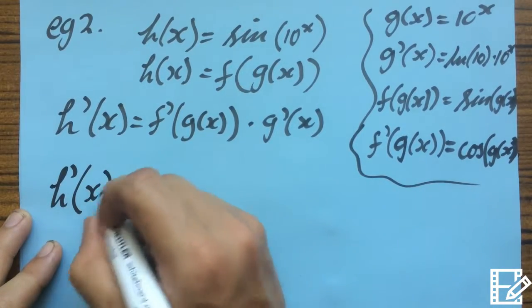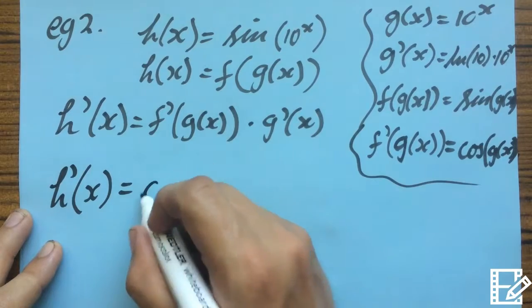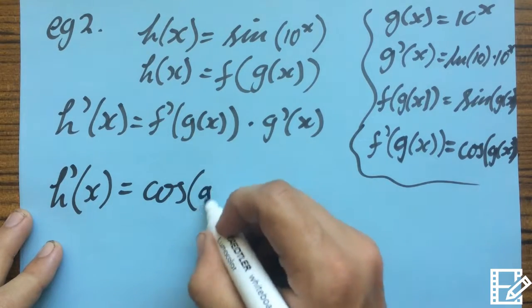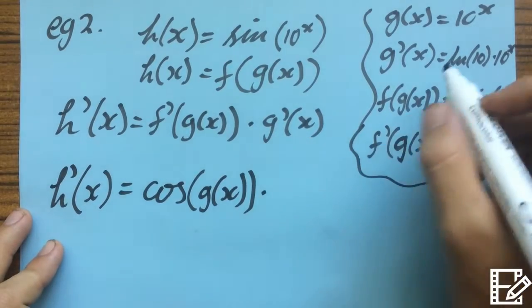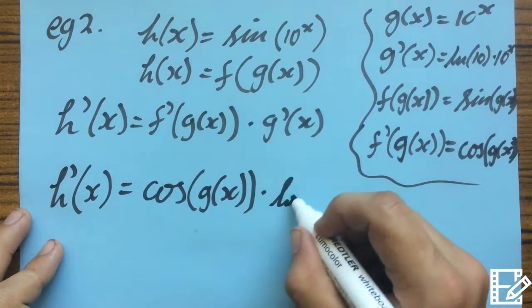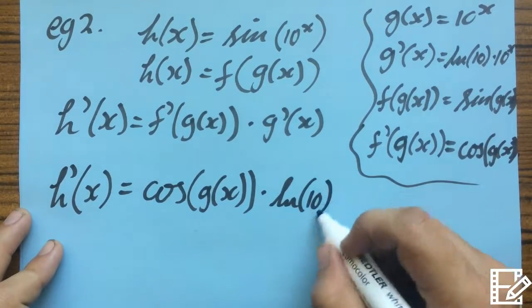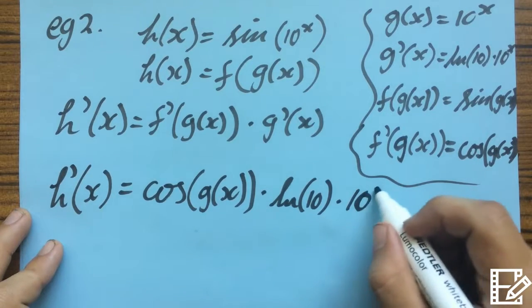So if we fill this in, what we end up with is cosine g(x) multiplied by the derivative of g(x), which is ln 10 multiplied by 10^x.